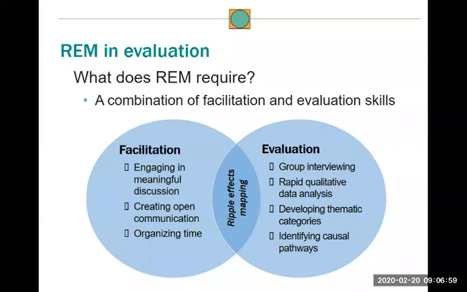At the same time, the facilitators have to use evaluation research skills that include things like group interviewing and analyzing qualitative data on the fly, meaning while the REM session is actually happening. And they have to engage participants in the process of generating and refining thematic categories and also uncovering the causal pathways among the ripples or the effects that the participants report.